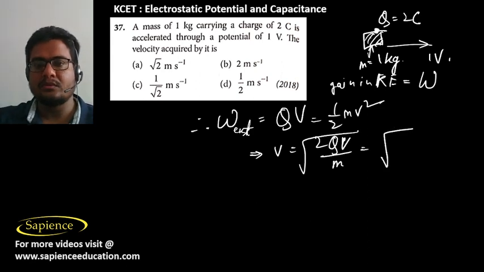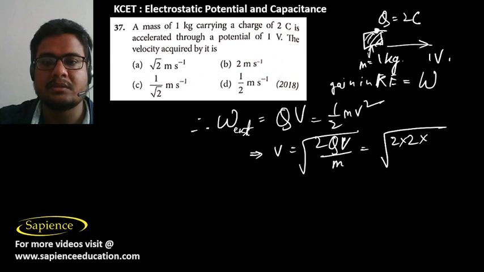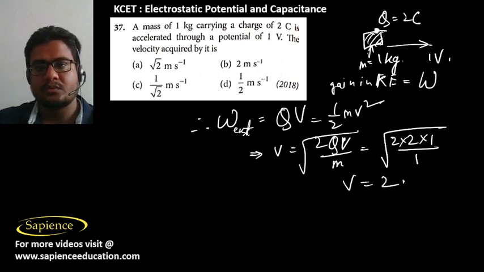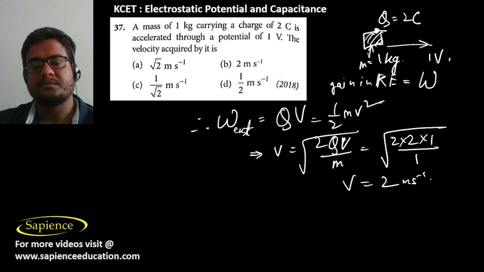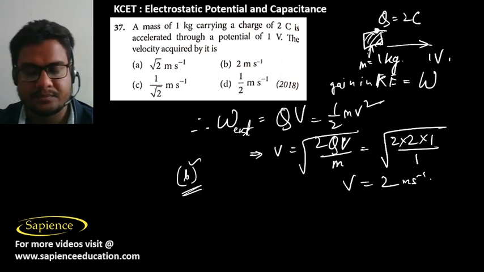So this will be the square root of 2 into q, charge is 2 coulomb, and the potential is 1 volt and mass is 1 kg. v is equal to 2 meter per second. Option B is the correct answer.